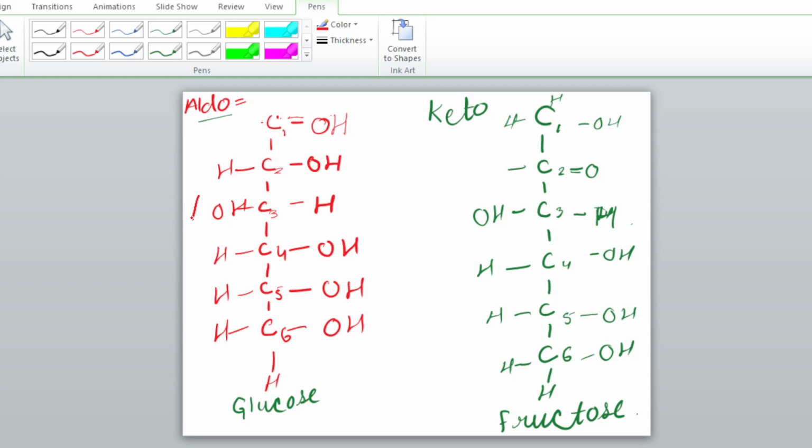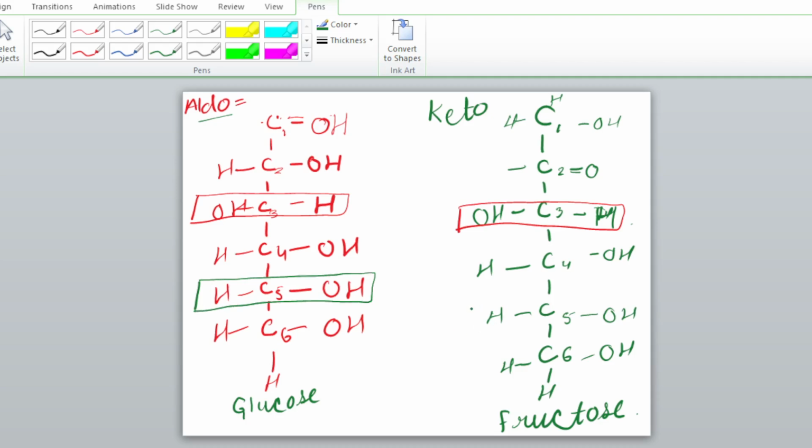There is a difference between the third position in glucose and fructose. This one is known as the last chiral carbon or second last carbon. On the basis of this we will decide what is D form and what is L form.